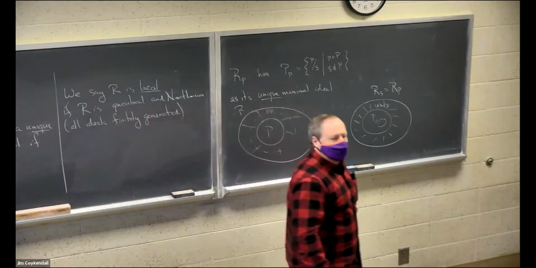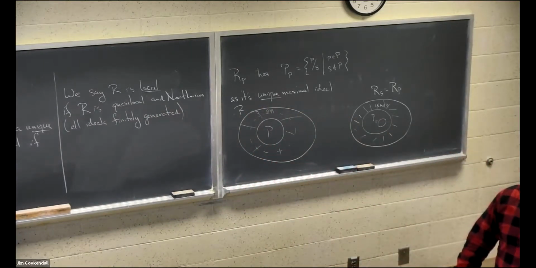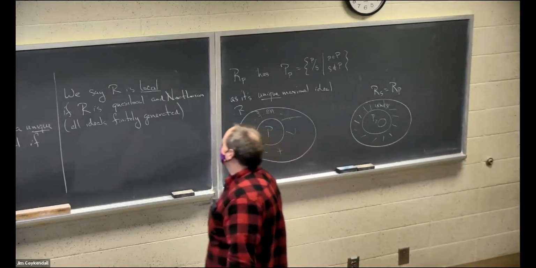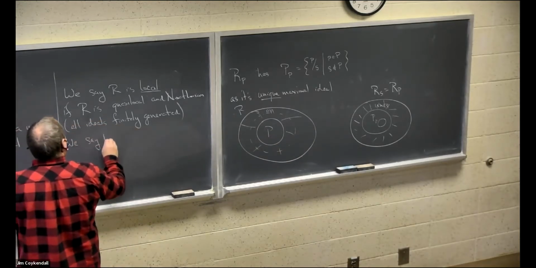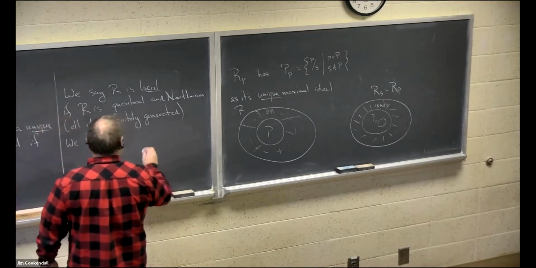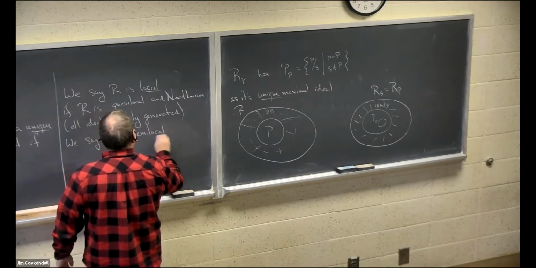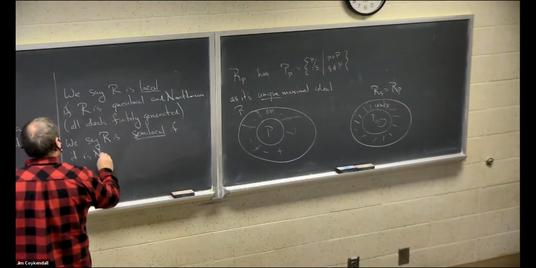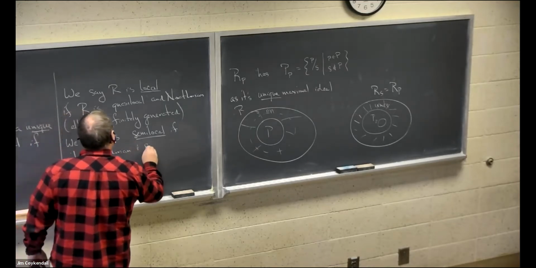So we say that R is a local ring if it has only one maximal ideal and all its ideals are finitely generated. You say R is semi-local if it is semi-quasi-local and all ideals are finitely generated.